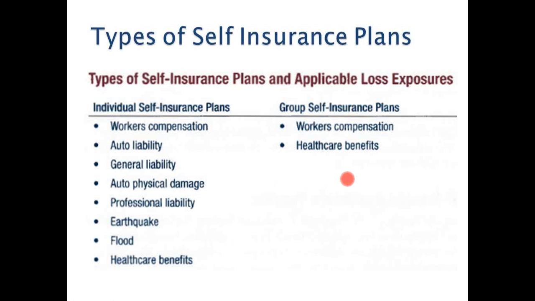And then on group self-insurance plans, the only ones you can really do for group self-insurance are workers' compensation and healthcare benefits. So with Raley's, we had the work comp program, and the healthcare were part of that, where they were self-administered. And to a certain extent, you can still self-insure auto liability on those programs as well.